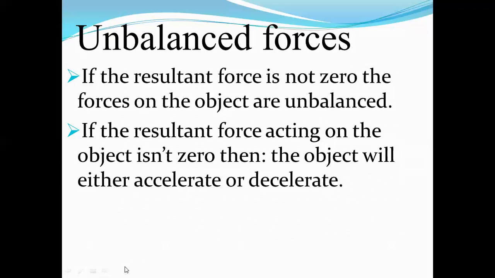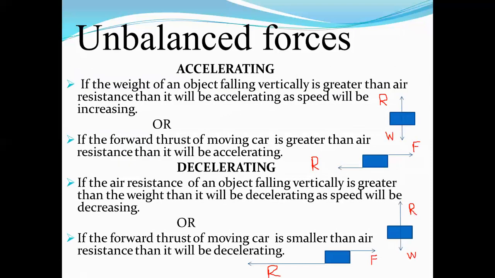If it is not zero, then the body will be either accelerating or decelerating. Now we have to see the situation when the body is accelerating. There are two possible situations. One is the vertical motion, the other is the horizontal motion.